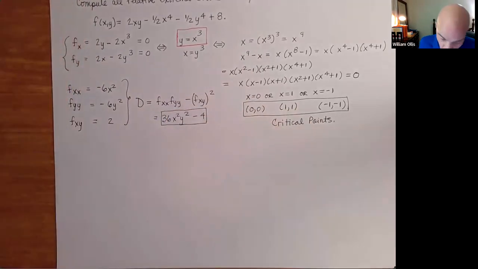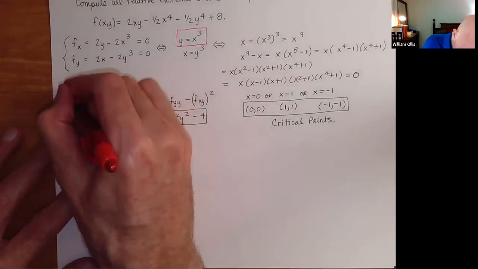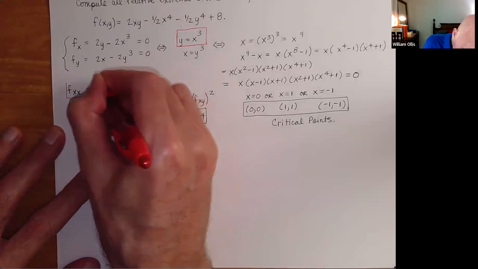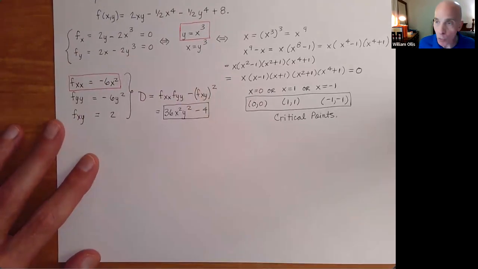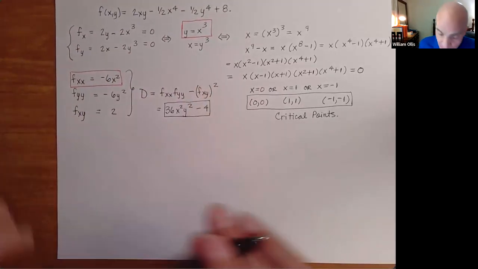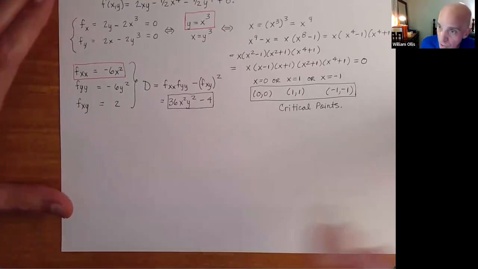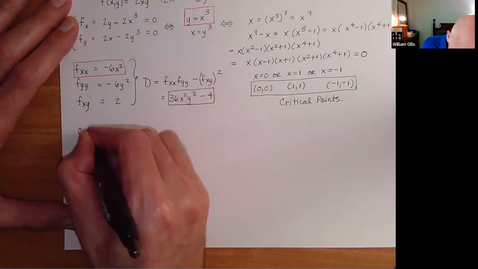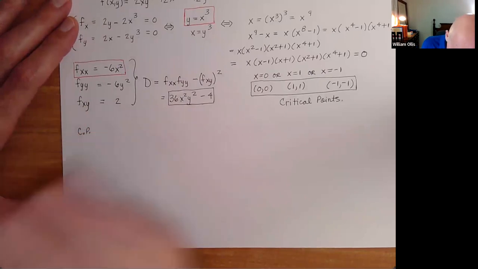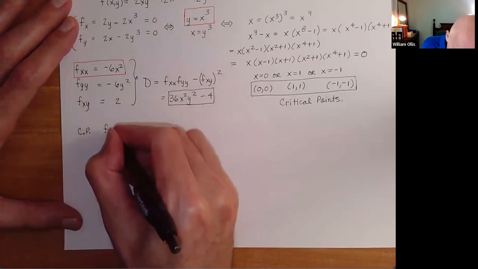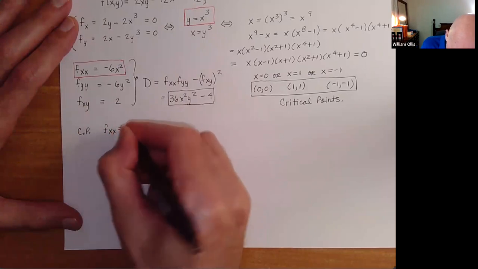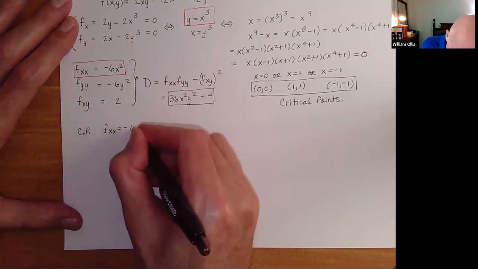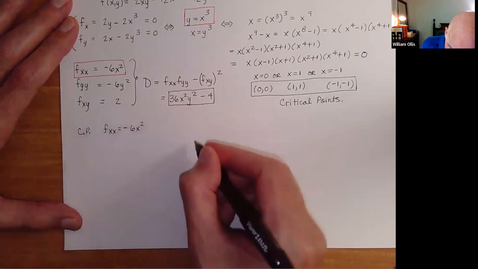And also, just to remind you, we also need the value of the second order partial with respect to x. So when we do the analysis, it might be good just to write a column for a critical point, then a column for the second partial with respect to x. And what you can do is just go ahead and write it down so it's easy to evaluate.